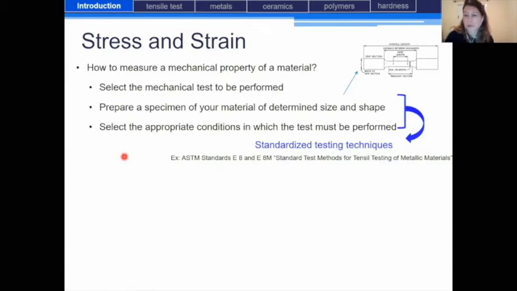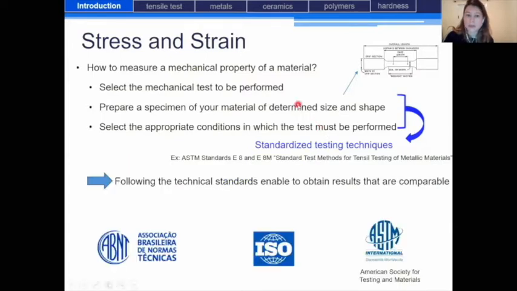So for example, it is important to determine what is the strain rate, or if the test should be performed in presence of humidity or temperature and so on. So the size of the specimen and the appropriate conditions, as I said, are given by standardized testing techniques.